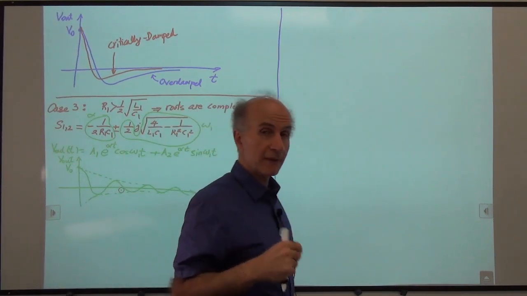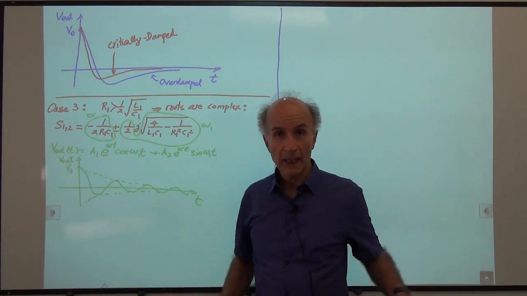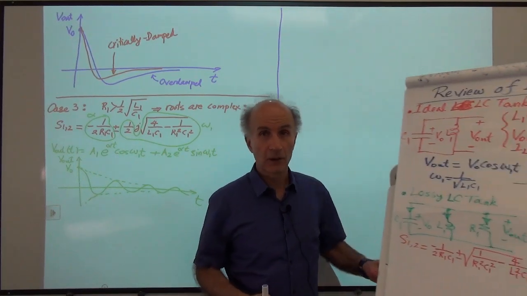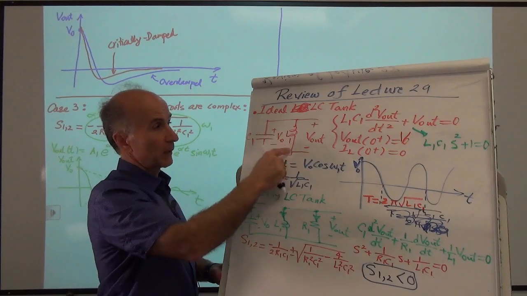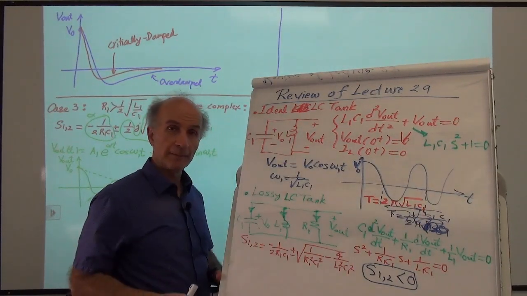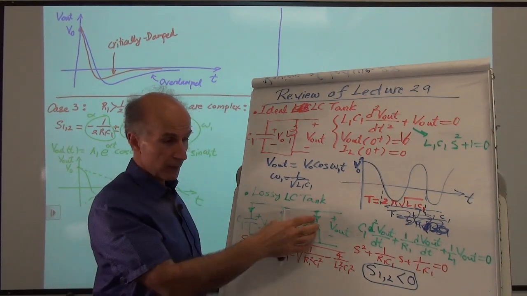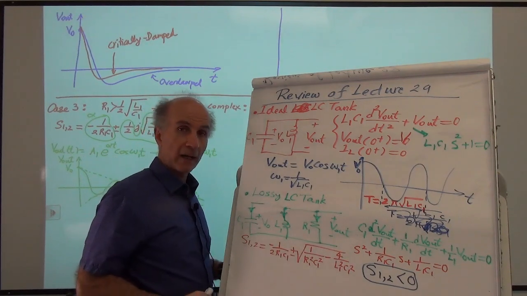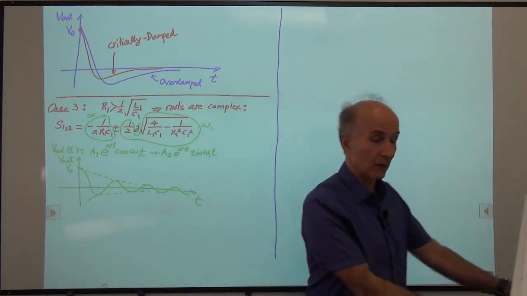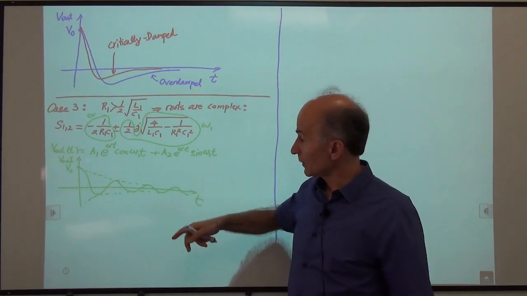So now you can begin to see the resemblance between this response and the response that we saw for the ideal LC tank, right? For the ideal LC tank, we saw that without any resistance, we had this perfectly periodic waveform. It never decayed, it never died away. But in the case of a lossy circuit, when R1 is there, and R1 is large enough, the circuit does this, right?